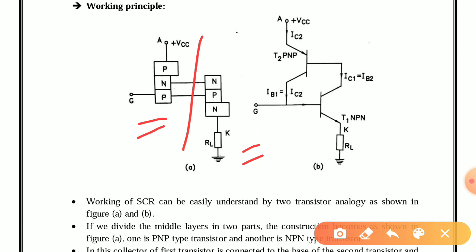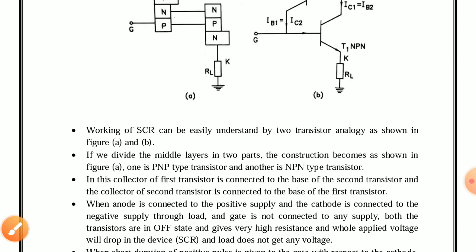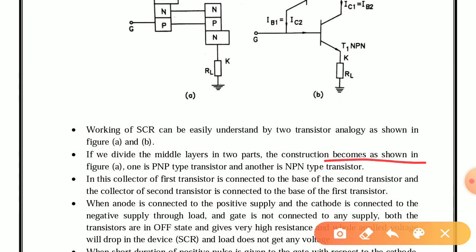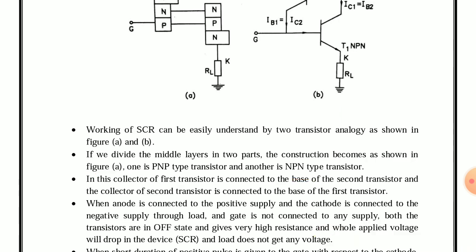It may be asked in the exam: explain the SCR 2 transistor analogy. It is the same question as the working principle, and you can explain it the same way. If we divide the middle layers into 2 parts, the construction becomes as shown in figure A. Here 2 transistors are formed, one is a PNP and one is an NPN transistor.